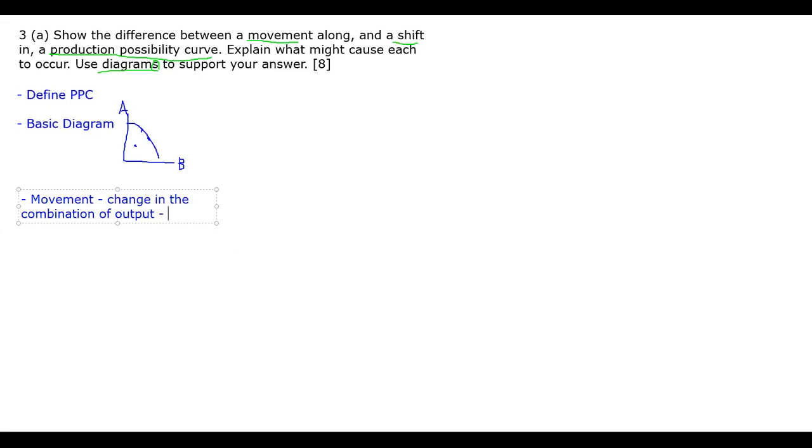Well, it really depends which type of economic system you're operating in. In a more planned economy, it could be government redirection of resources, for example.